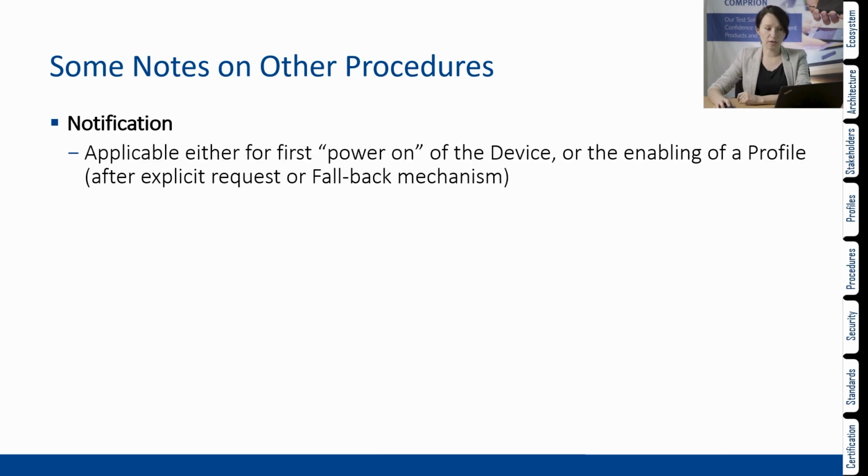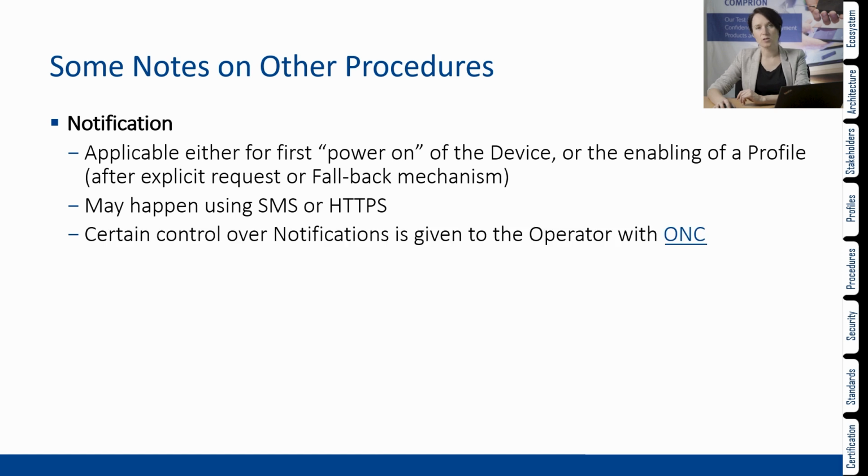Just to mention the notifications. Notifications are applicable either for the first power on of the device, for the enabling of a profile after an explicit request, or for the fallback mechanism. They may happen using SMS or HTTPS. Certain control over notifications is given to the operator using this ONC function.